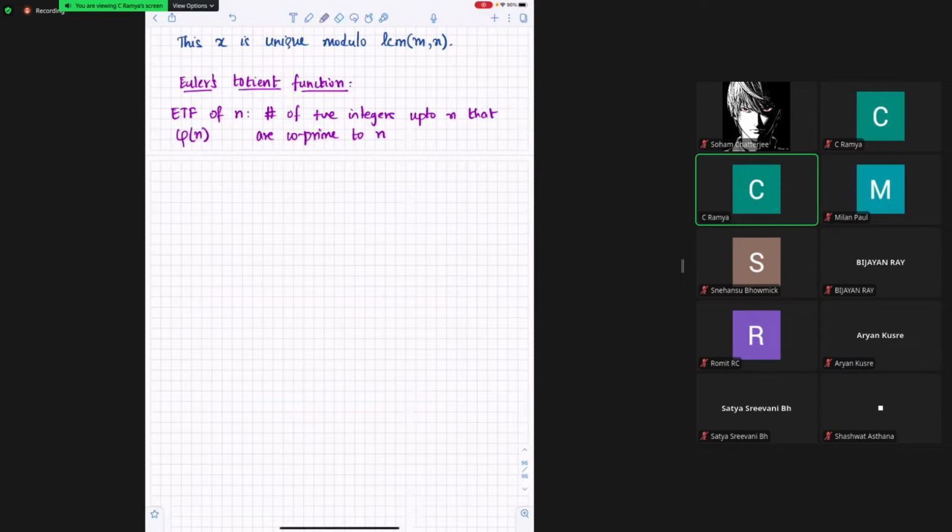This is really important; it's a super important notion. So is the definition clear? For example, if I ask you what phi of 10 is, or phi of 11, can someone count? Let me give a smaller number, so phi of 6.